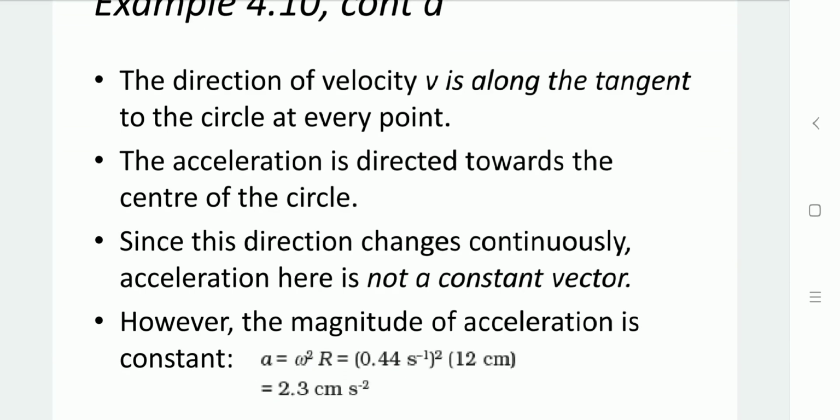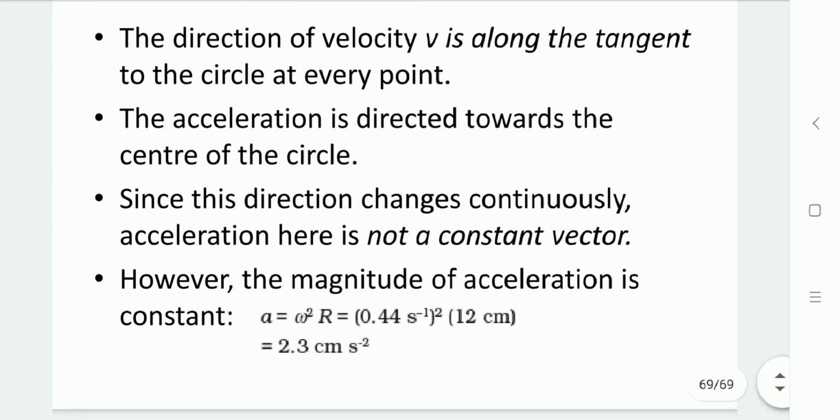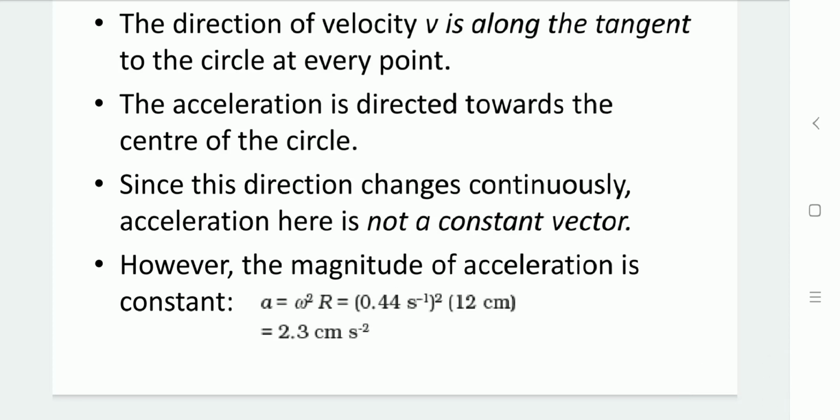So the direction changes continuously, therefore acceleration is not a constant vector. To determine its magnitude, a equals omega square into r. Omega we have calculated as 0.44 per second, r is given as 12 centimeter. Substituting the values, we have acceleration 2.3 centimeter per second square.